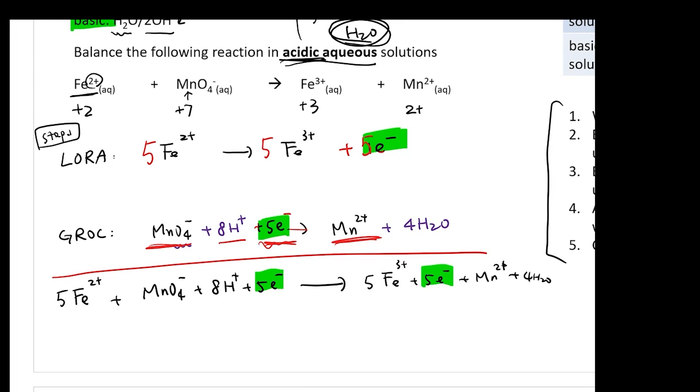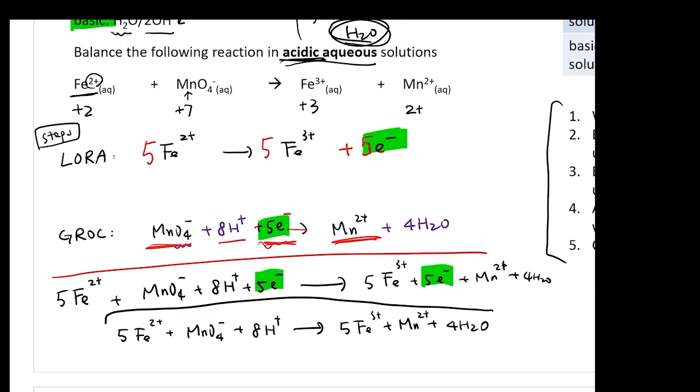So the final answer you are going to get is 5Fe2+ plus MnO4- plus 8H+ gives you 5Fe3+ plus Mn2+ plus 4H2O. And then in your homework, it will ask you what is the coefficient, for example, in front of H2O. Then you need to select the answer of 4. The key is you follow these 5 steps so you can get down to the final equation.